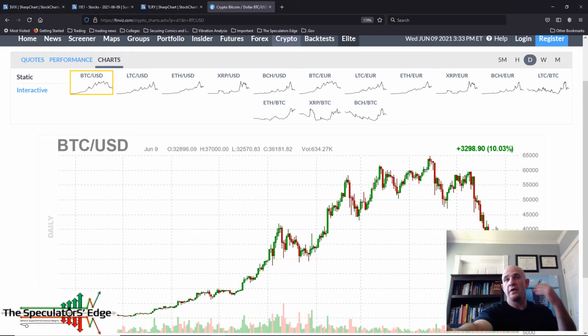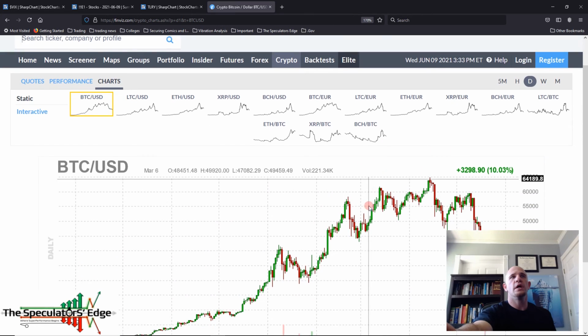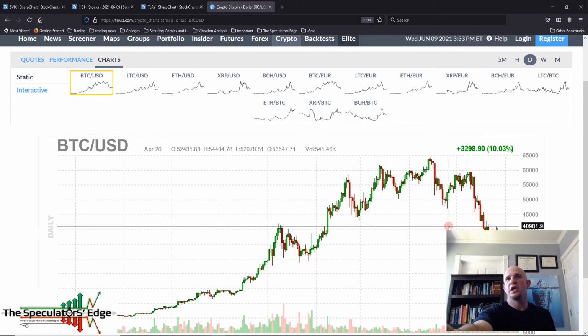It may break down to the downside. So what else do we have here? And yes, we are in a pretty much a shorter term heavy downtrend within Bitcoin. So I wouldn't trade until we get past a lot of these levels, maybe 40,000 or so. Get past those levels, and we'll see what happens from there.